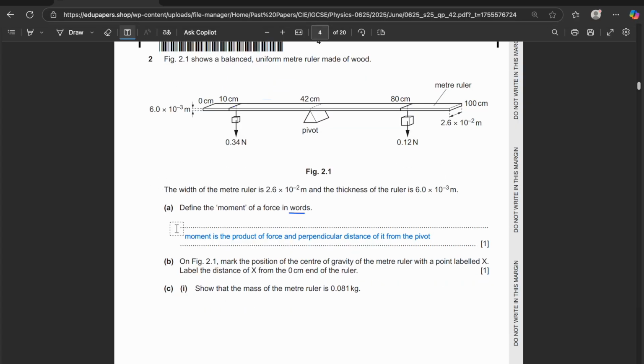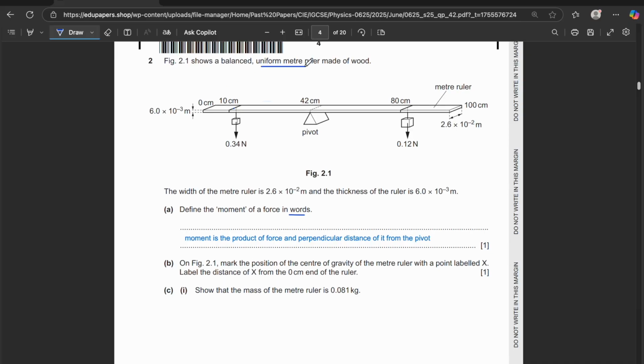B. On figure 2.1, mark the position of the center of gravity of the meter ruler with the point labeled X. Label the distance of X from the 0 centimeter end of the ruler. So this is a uniform meter ruler, which means that the center of gravity will be directly at the center, and that is going to be the 50 centimeter mark because it's a meter ruler and it's 100 centimeters long.